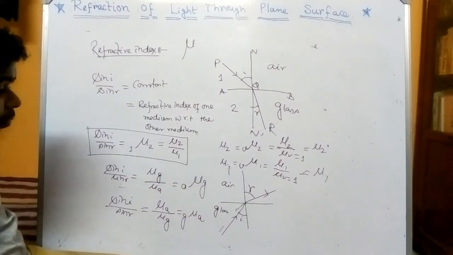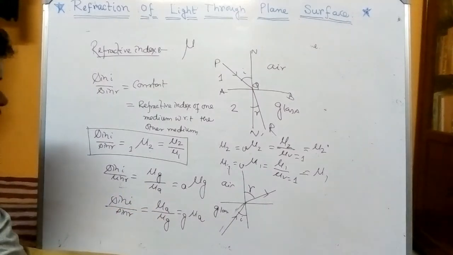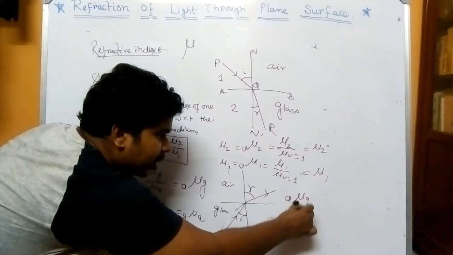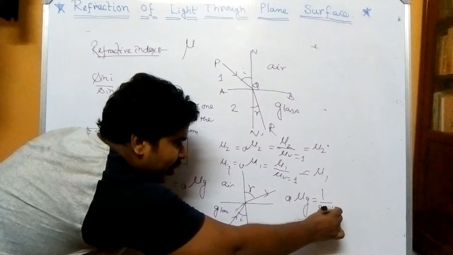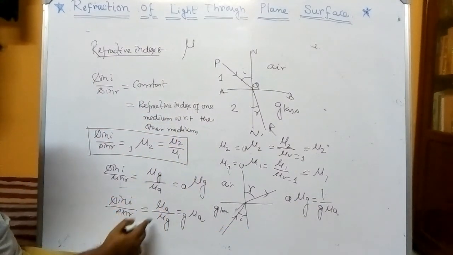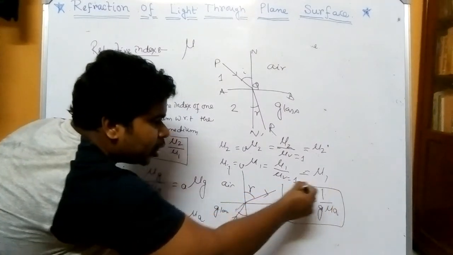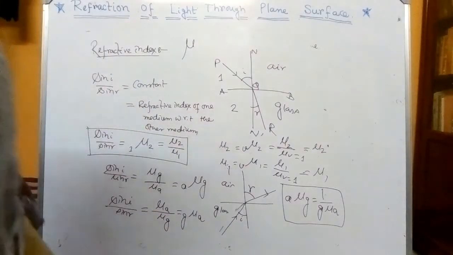From these two we can write that aμg equals 1 by gμa, because these are reciprocals. It is μg by μa and it is μa by μg. So we can conclude aμg equals 1 by gμa. Clear? See that portion properly.